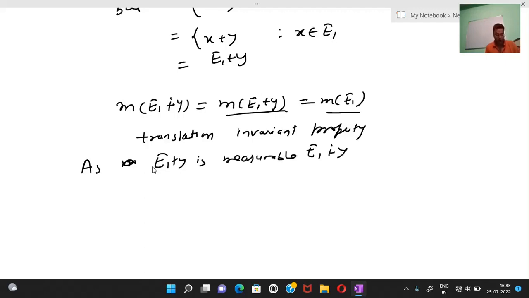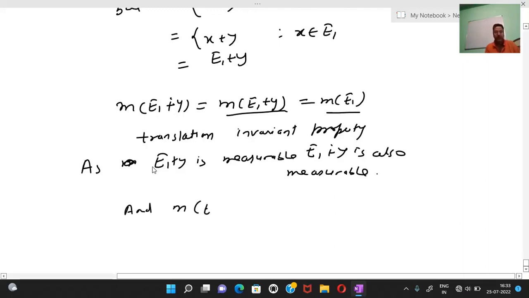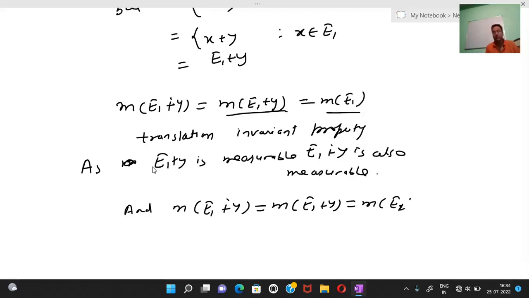E1 plus dot y is also measurable, and we can take m of E1 plus dot y equal to the measure of E1 plus y equal to the measure of E1.